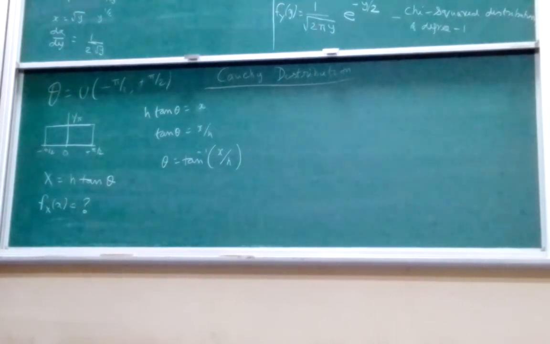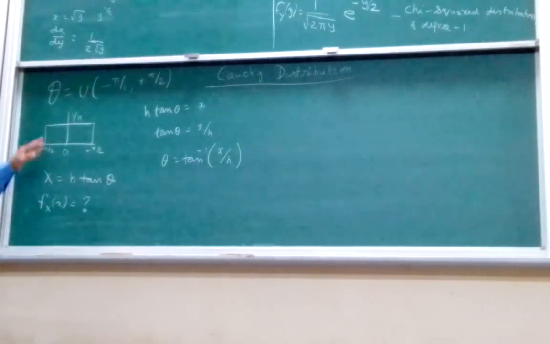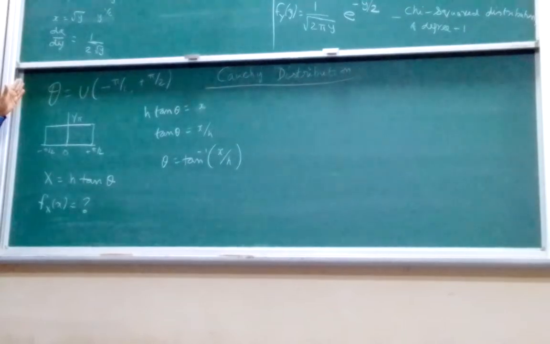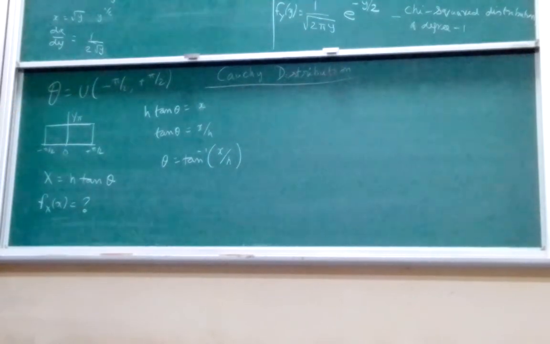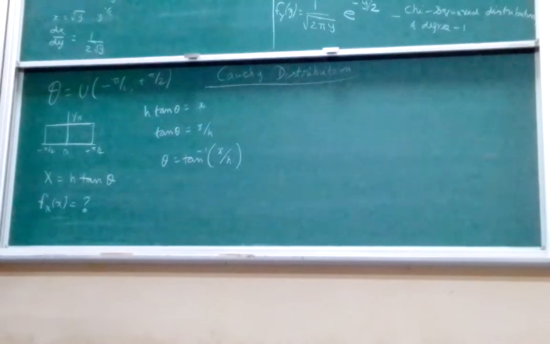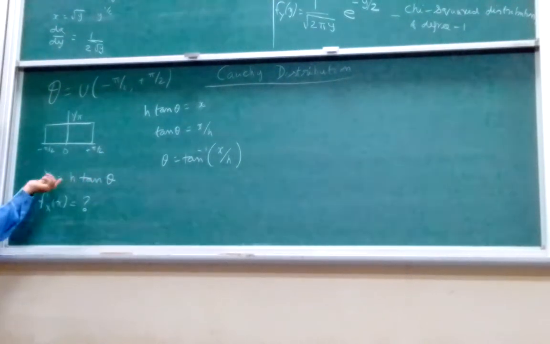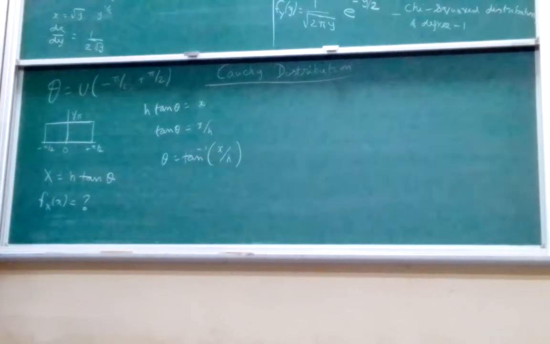Between minus pi by 2 and plus pi by 2, I think there is a 1-to-1 transformation between theta and x. I think you would know this better. Am I right? Between minus pi by 2 and plus pi by 2, for every theta there will be a unique tan theta, and therefore x is also unique. Therefore, you don't need to find two values.